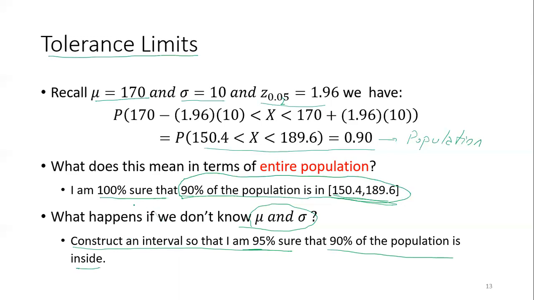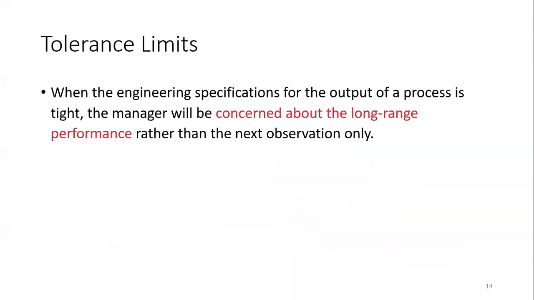Now I'm not 100% sure since I don't know the parameters, but I am 95% sure. It can be, of course, 90%, 80%, but the point is that you are less than 100% sure that some percent of the population is in that interval.